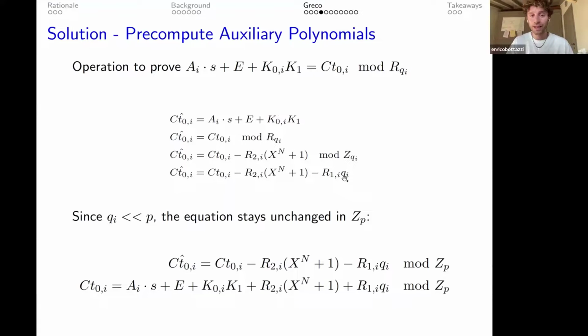What we get at the end, the achievement here, is that we can express this relation in Z_P, the prime field of our SNARK, without having to worry about further reduction and without having to worry about the risk of overflow. So we get eventually, after moving things from the left to the right, to this expression at the bottom. That is what we really need to prove inside our SNARK.